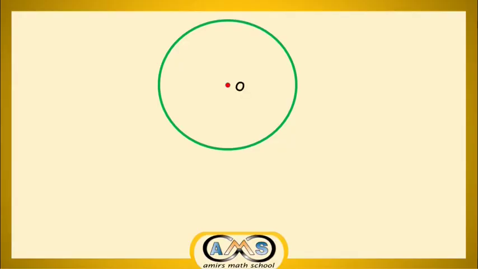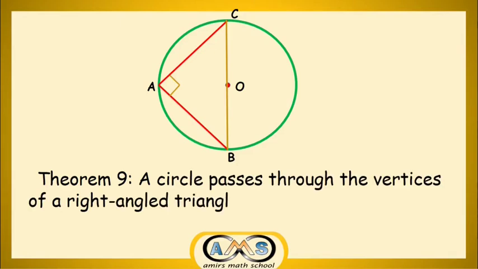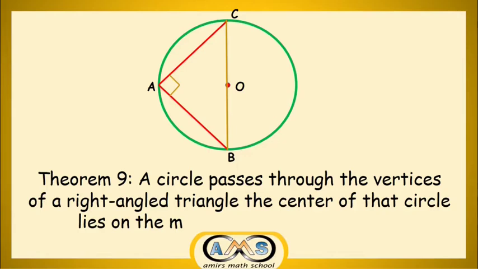O is the center of the circle and this ABC is a right angle triangle. Now theorem number 9. If a circle passes through the vertices of a right angle triangle, then the center of that circle lies on the midpoint of the hypotenuse.